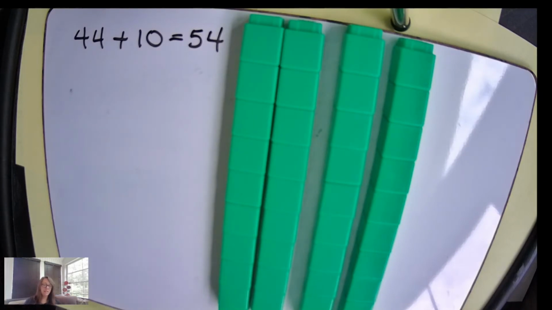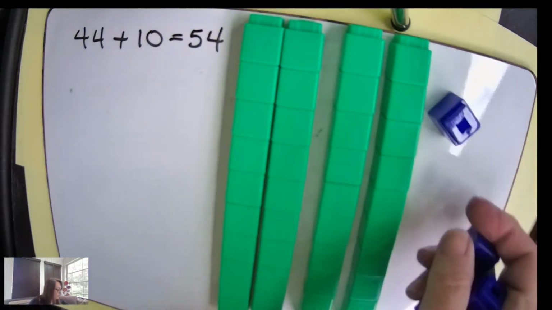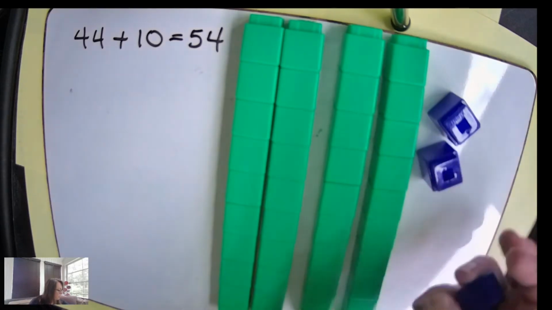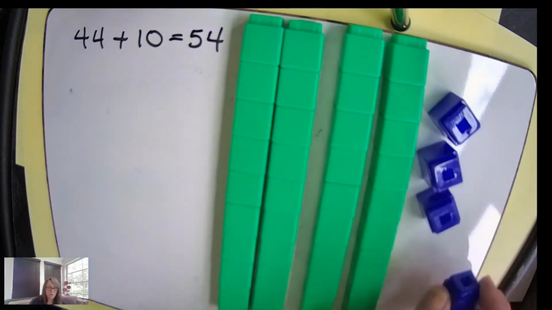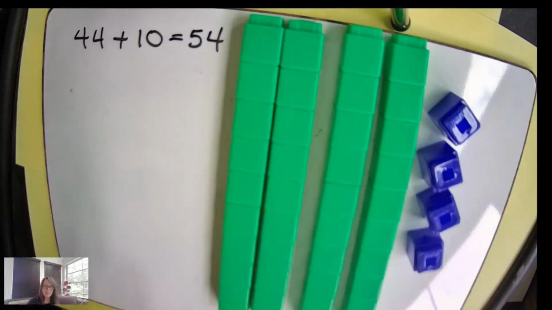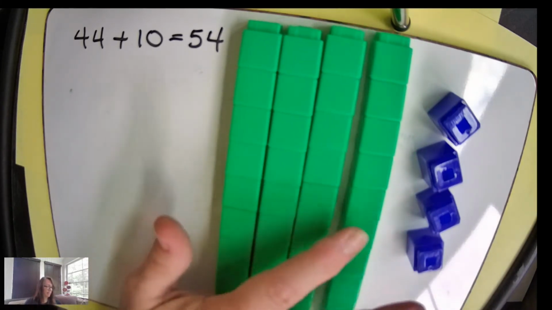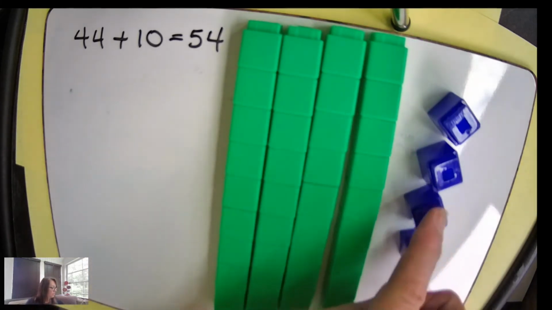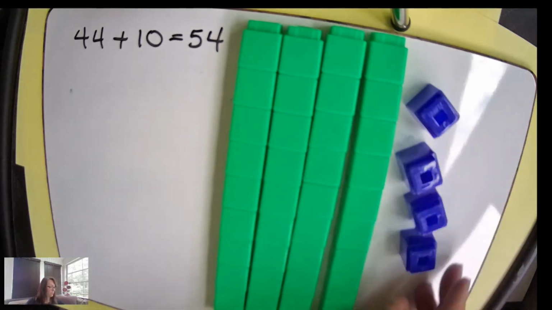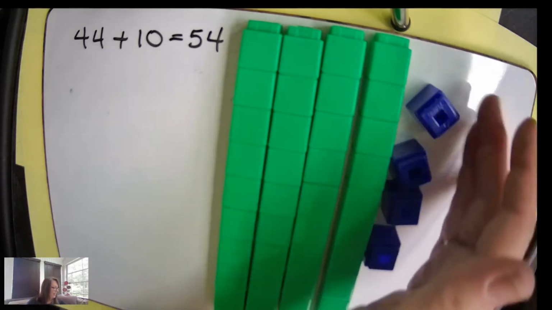And then 4 single cubes. 1, 2, 3, 4 to show 44. 10, 20, 30, 40, 41, 42, 43, 44. Okay, tell us more.